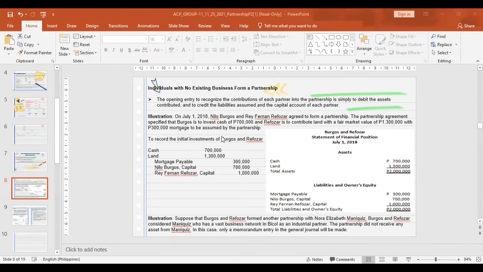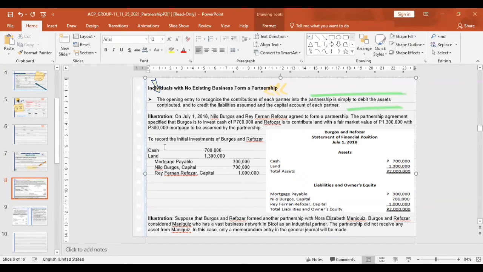So i-record natin yung mga investment nila. So, di ba sabi dyan, kay Nilo Vargas, meron siyang investment na cash daw 700,000. So meron siyang capital na 700,000. Yan.